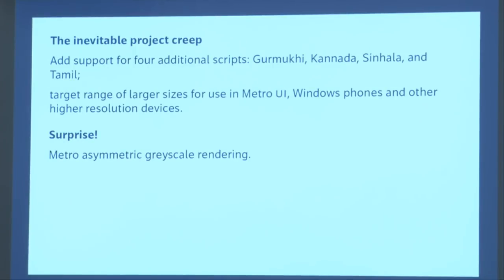I've never worked on a project that didn't expand once you got past the initial brief. So initially, we had 6 scripts to work with. Partway through the development, Ali came back and said, we really like the direction this is going in, and the localization teams for other languages want their scripts added as well. So we added 4 more scripts. We started with this 9-point at 96 DPI.